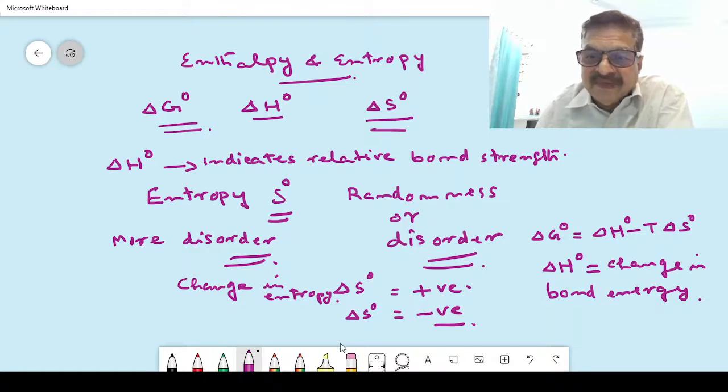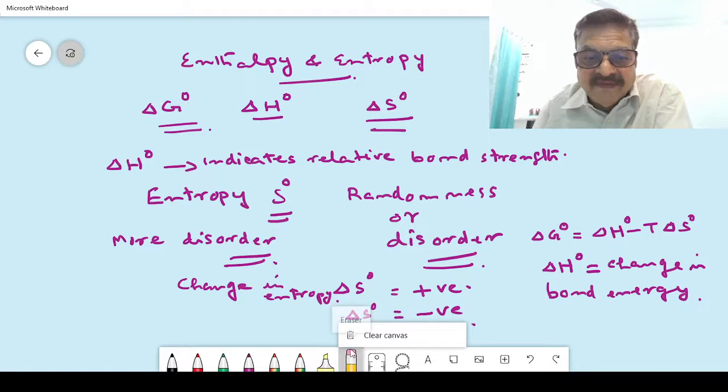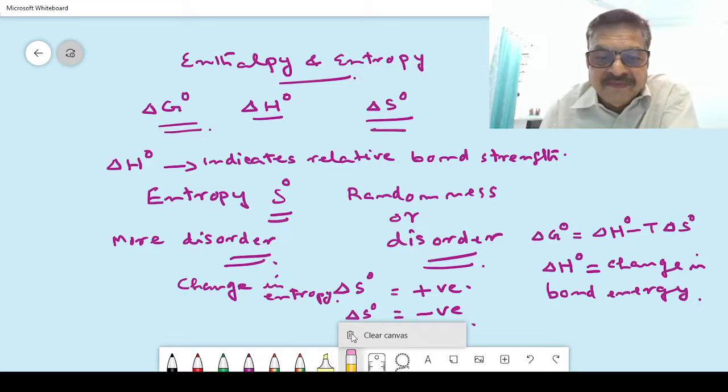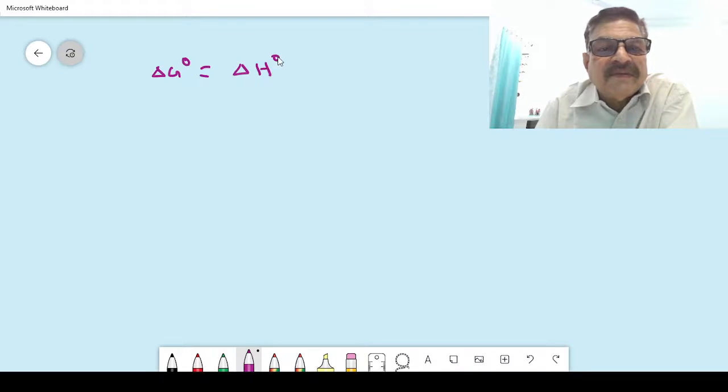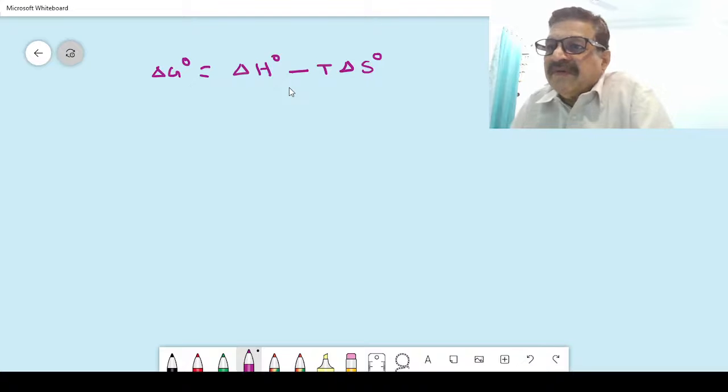Delta G is equal to delta H minus T delta S. So this is the formula we have seen now.